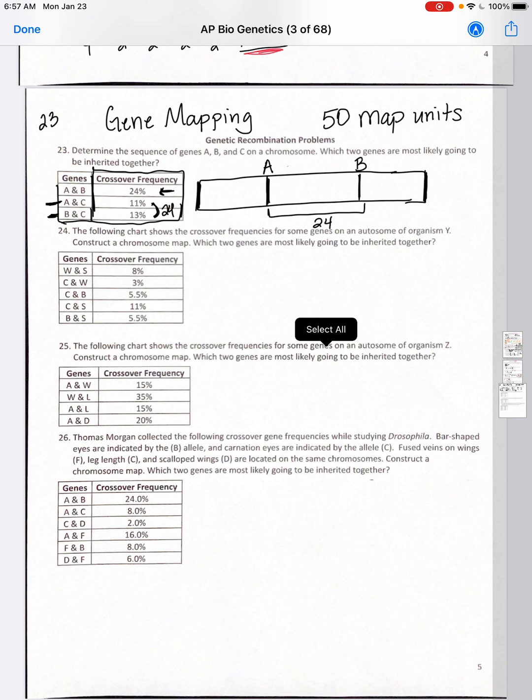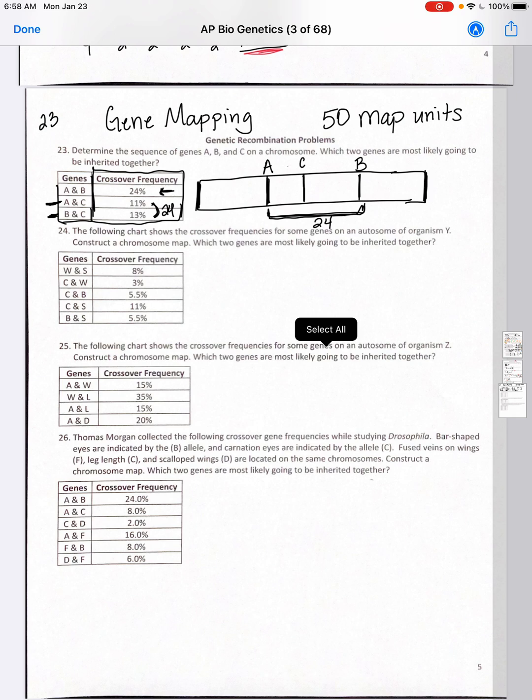That tells me that C is between A and B. So it's not on the outside of A and B, it's going to be in the middle because it equals 24. I remember we already have 24 map units down here. So I'm going to draw C a little bit closer to A than it is to B. So C is going to be about there.